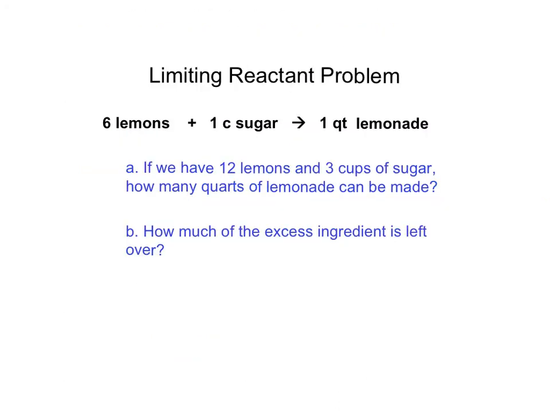All right, the next problem here is our limiting reactant problem. And this problem is something that you've probably seen in high school or some other chemistry course that you might have taken. And I always start out simple with a kitchen example. Textbooks tend to do that too, with making sandwiches.